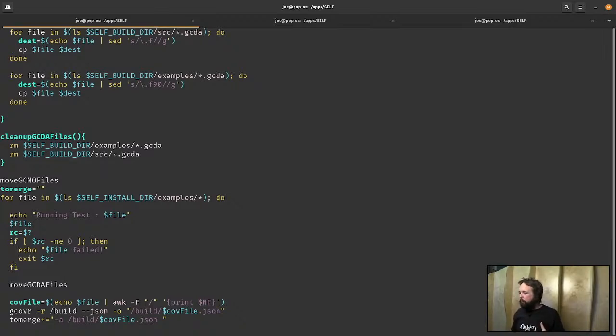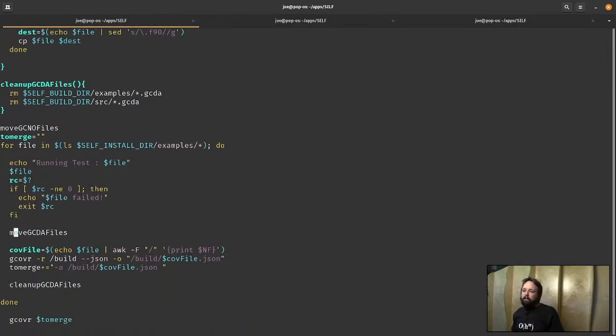So it's more of a fail fast approach. If something fails right out of the gates, it's not going to go through and execute the rest of the tests. From here, it also handles cleaning up some of the gcov files and merging those together so we can get a clear lumped picture of the coverage report at the end.